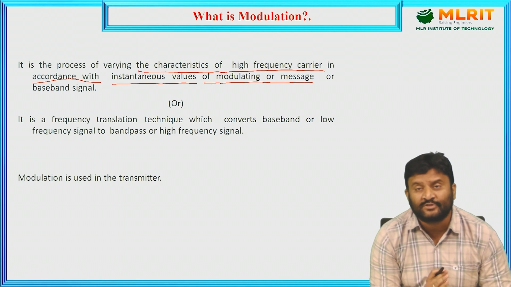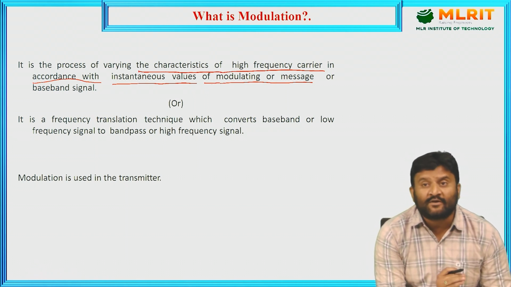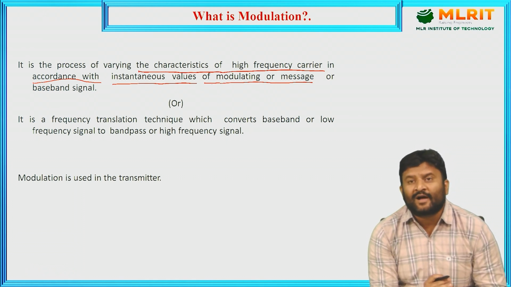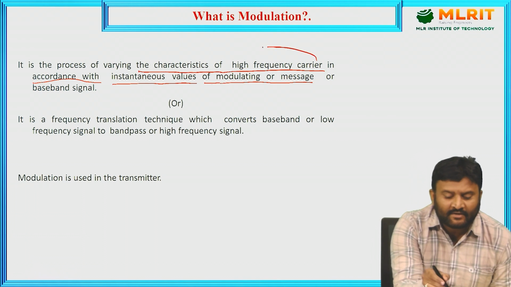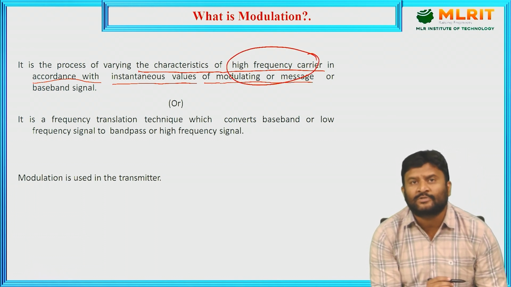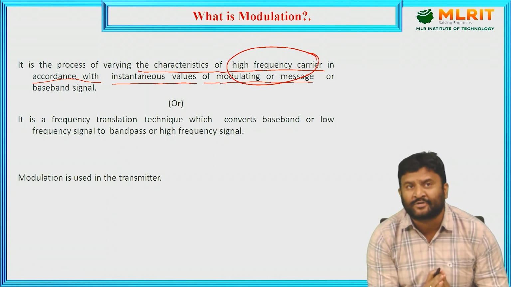What is the definition of modulation? Simply, it is the process of varying the characteristics of the high frequency carrier. Remember, what is the high frequency carrier? The high frequency carrier signal is also known as the carrier signal. It does not consist of any information.